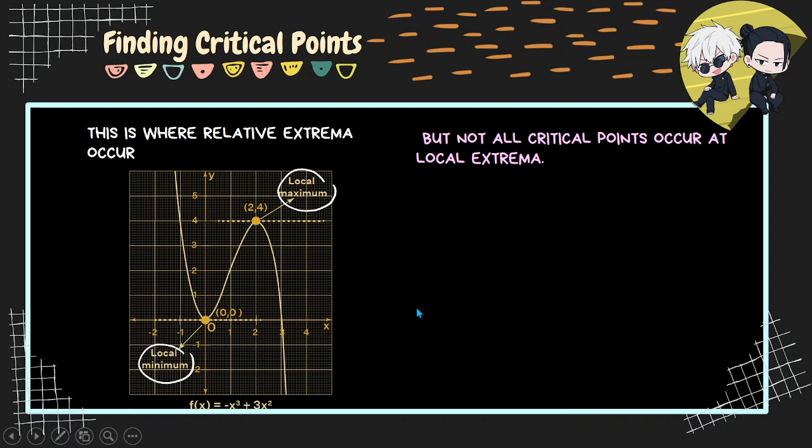However, not all critical points occur at the local extrema. Basically, this says that while all local extrema are found at our critical points, it does not mean that all critical points are found at local extrema or local minima. So, what does it mean?